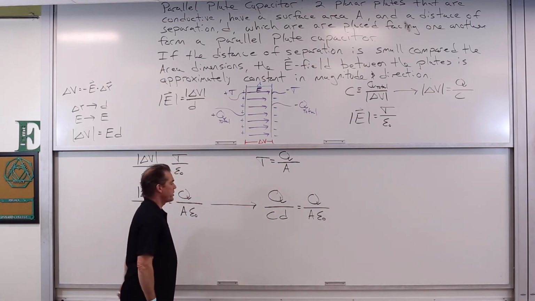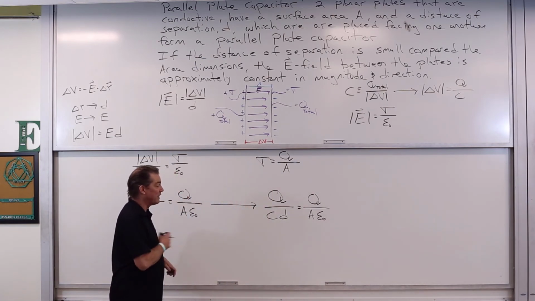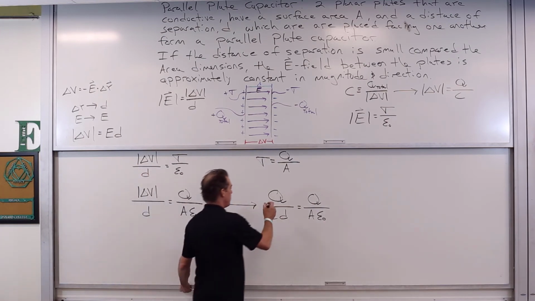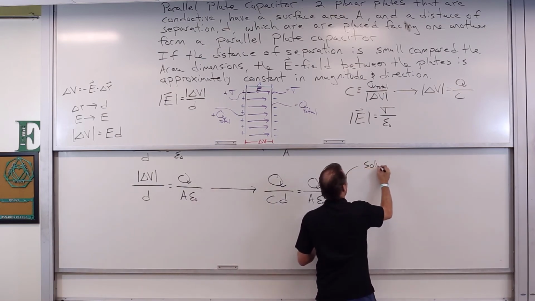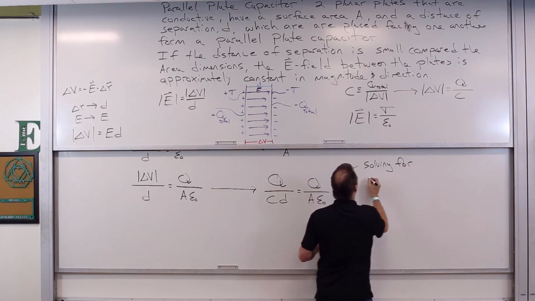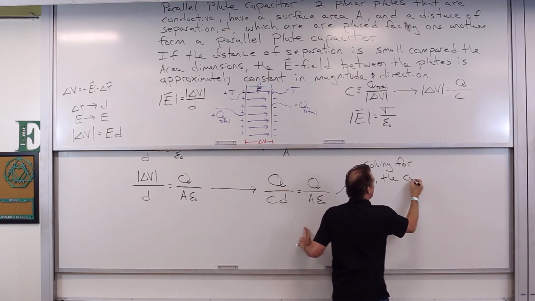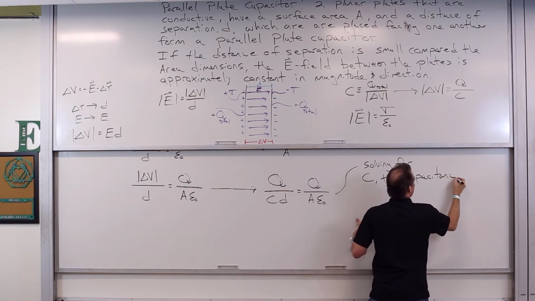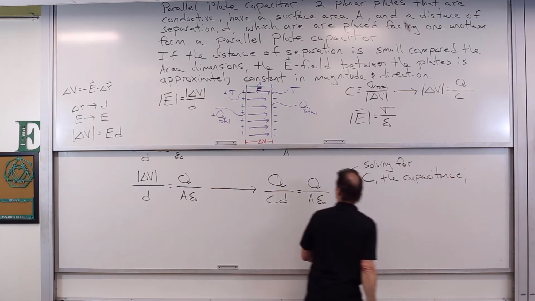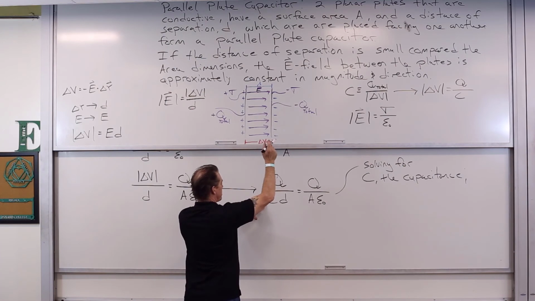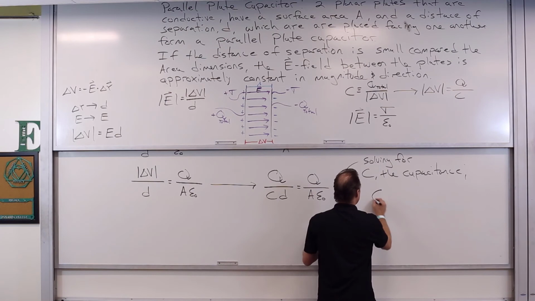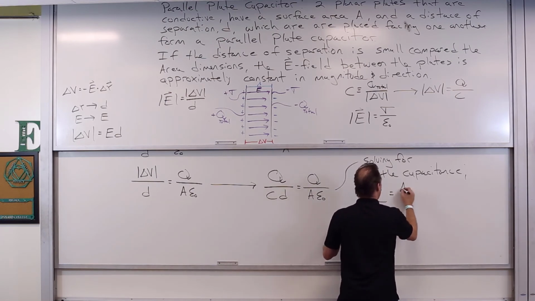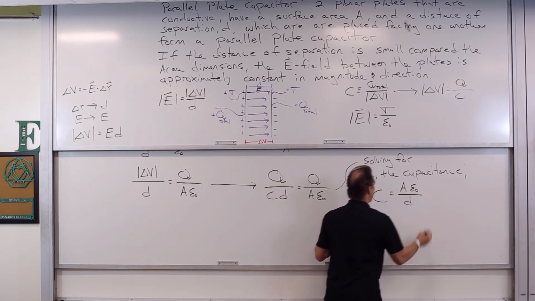So what does this do for us? Well, this allows us to define the capacitance of the system totally geometrically, because we can get rid of these Q's and solve this out for C. Solving for C, capacitance: we move C over here, the Q's cancel out, and we move the A epsilon 0 up top, and we've got that C is equal to A epsilon 0 divided by d.